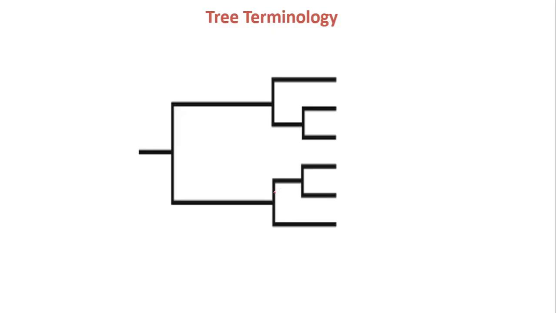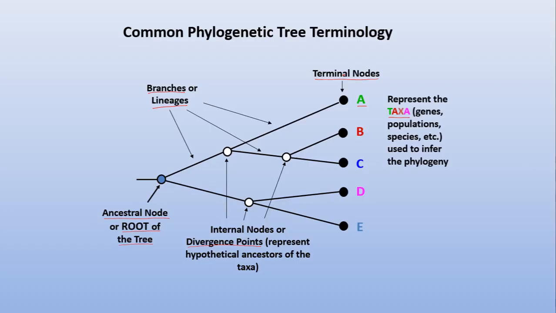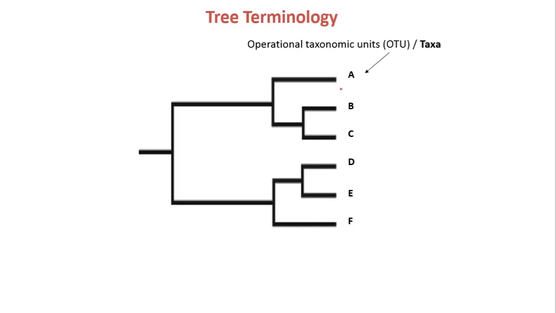Okay, so there are some additional tree terminologies. The terminal nodes are also referred to as operational taxonomic units, or OTUs. These are also called taxa. We have internal nodes that I have already explained, and we have terminal nodes.